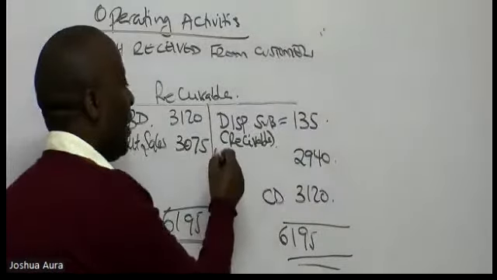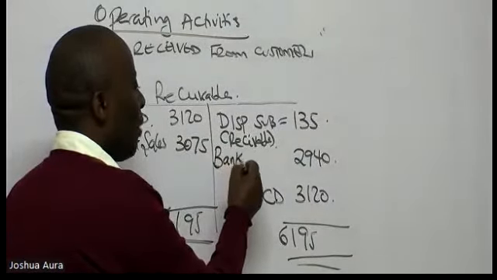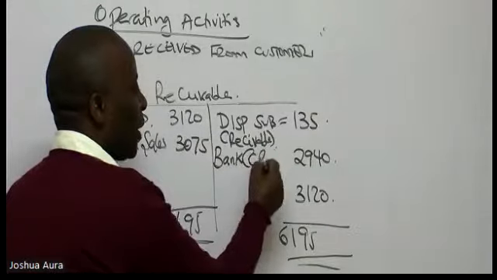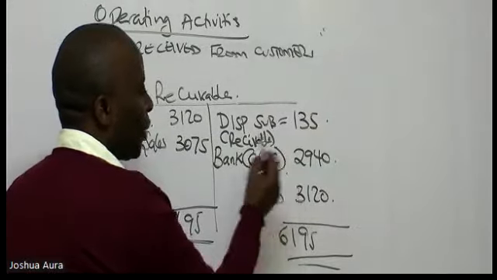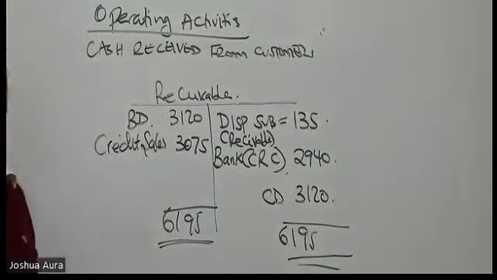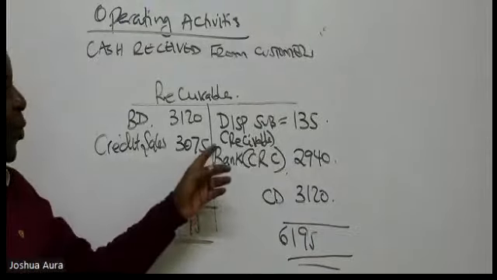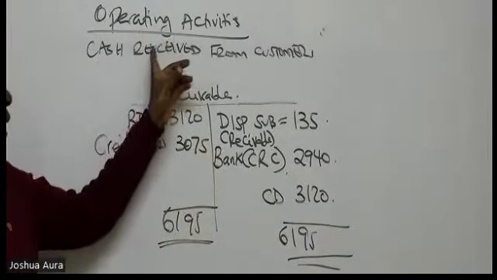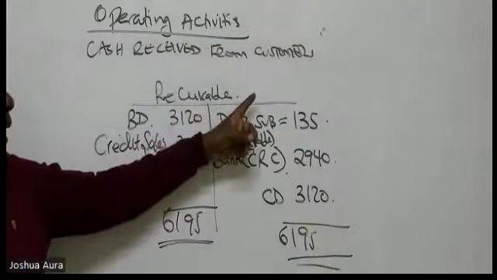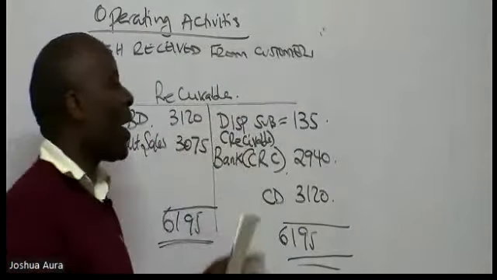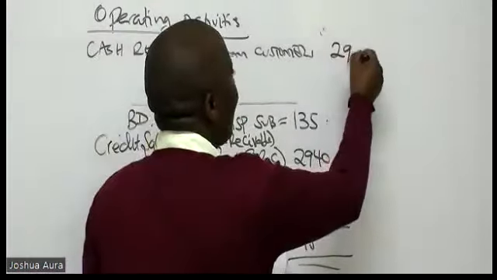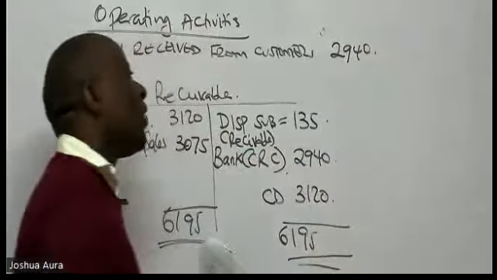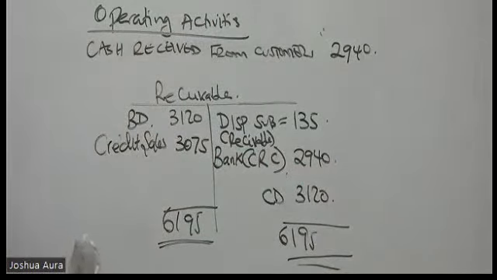This must be what we shall take to our bank as cash received from customers. It is what we shall take to our operating activities under cash received from customers. So cash received from customers is 2940. Great.